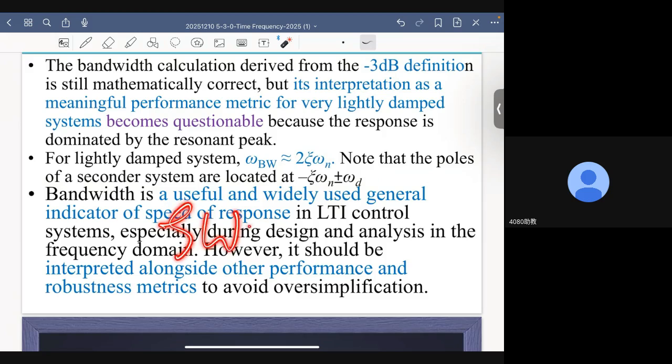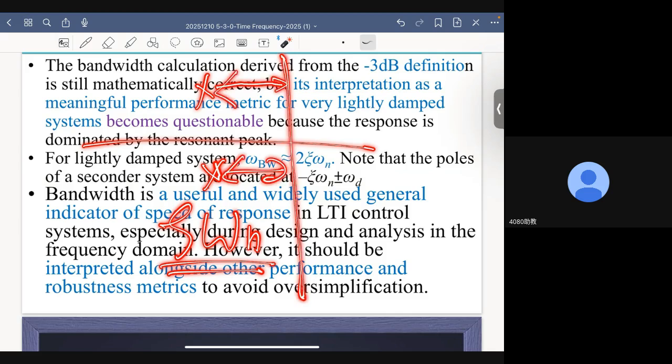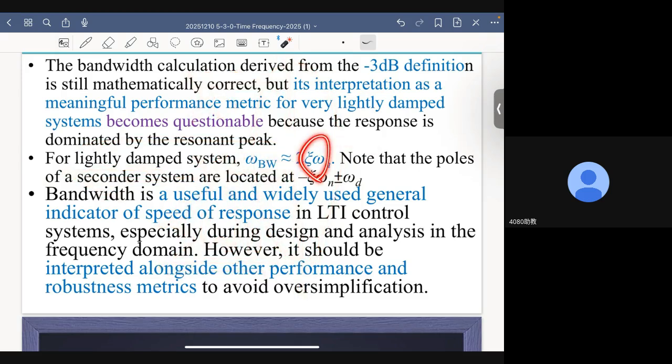So eta omega n is actually the distance between this pair of complex conjugate poles and the imaginary axis, all right? So when this pair of poles is further away from the imaginary axis, this number becomes larger and the bandwidth becomes larger, and then the speed of response of the system becomes faster, all right?